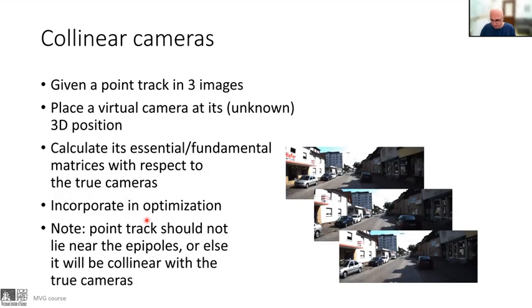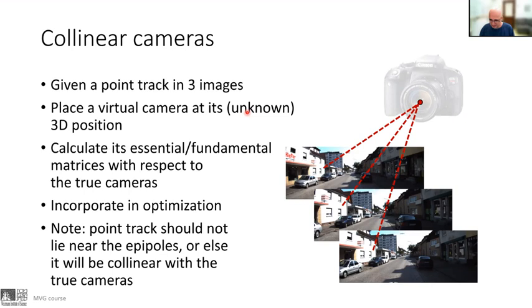It turns out you can still use our method also for collinear cameras, and the idea is very simple. If I have a correspondence between 3 images, think about this point, for example, if you triangulate it, it would give you some 3-dimensional point here. Now what you can do is put a virtual camera in the position of this point.